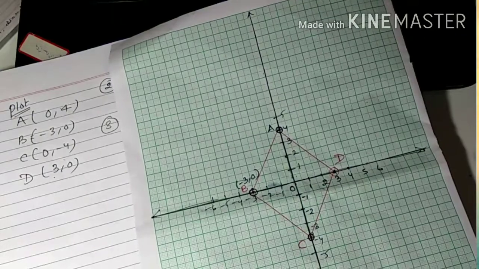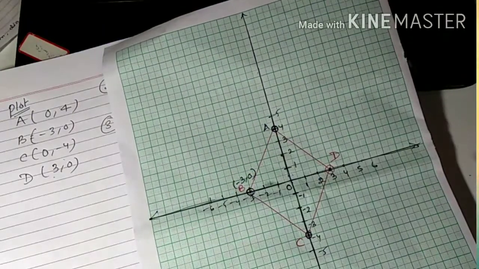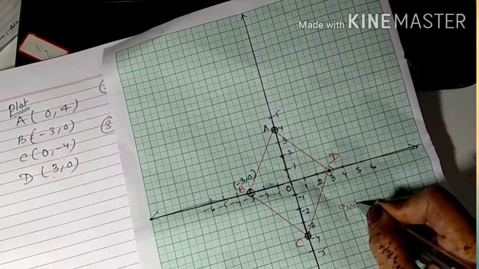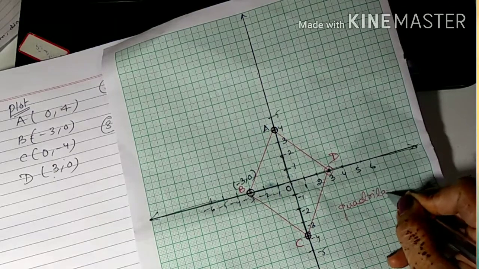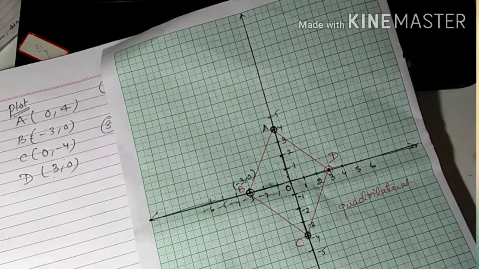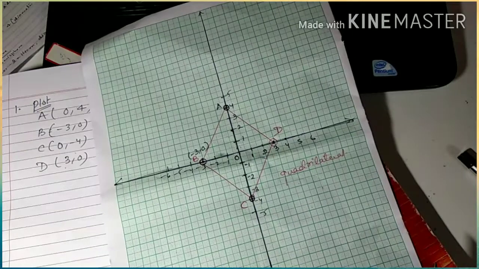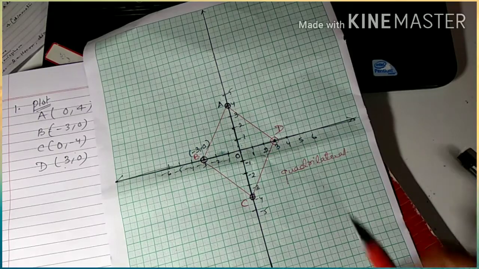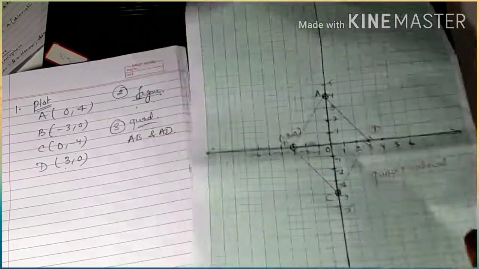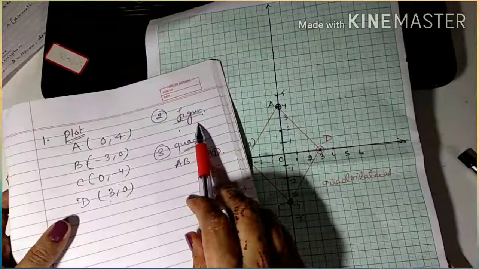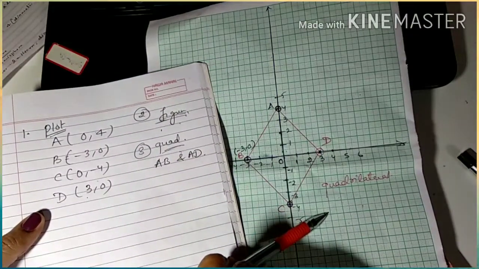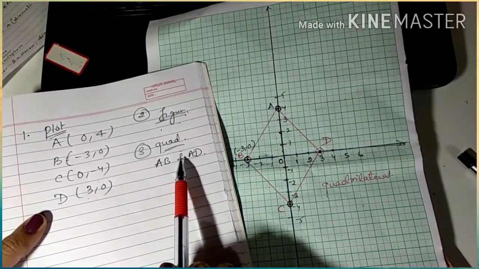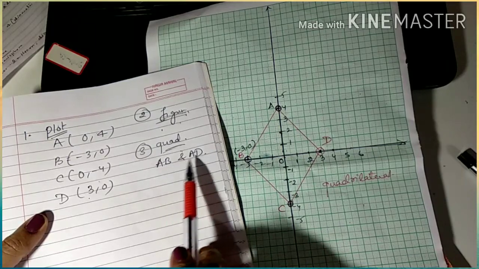So we have joined. Now what is the figure? तो फिगर में आप मुझे बताइए कि क्या है. ये ट्राइंगल है, क्वाड्रिलेटरल है, क्या है? What is it? Now you simply have to write whether it is a quadrilateral or triangle because we haven't read about the types of the quadrilateral. सिर्फ आपको लिखना है कि ये quadrilateral है. ठीक है. So what is our second question? Name the figure. So what is the figure? It is a quadrilateral.